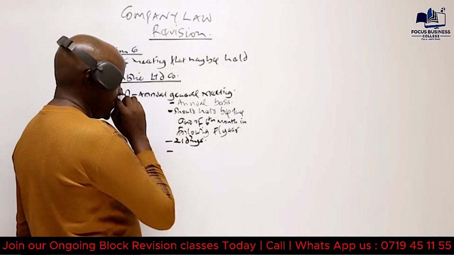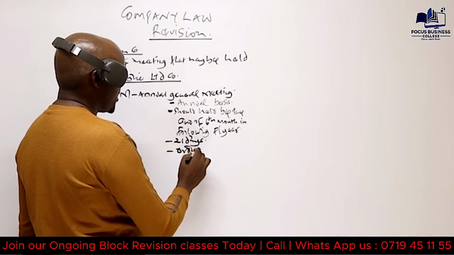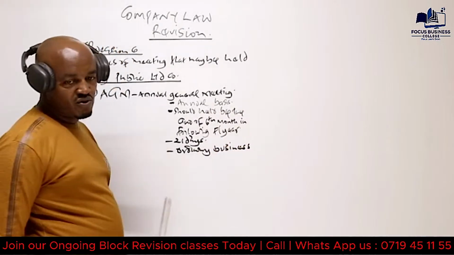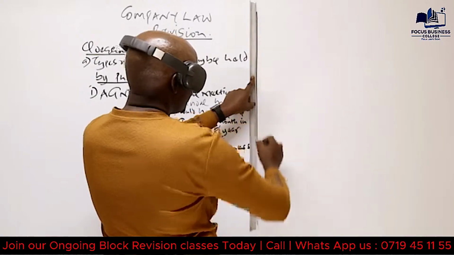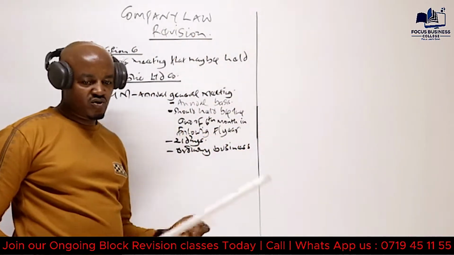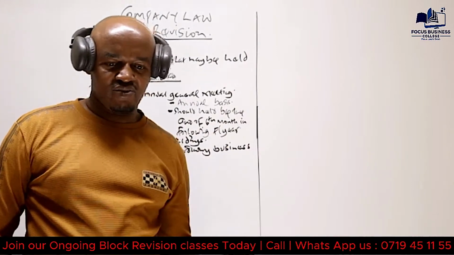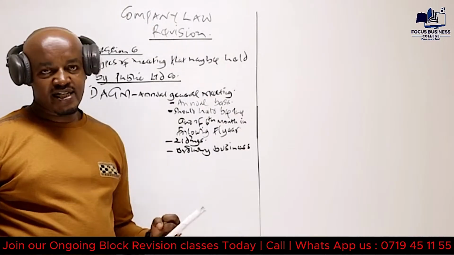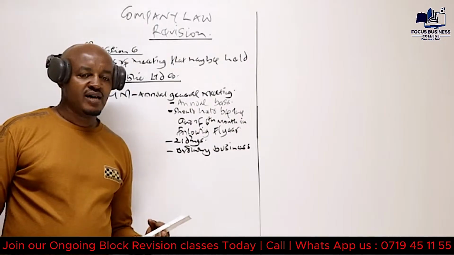On the other hand, we said those businesses which are transacted in this meeting, we refer to them as ordinary business. And I think we were able to look at the various businesses transacted during the AGM. Number 1, appointing the company's auditor. Number 2 is electing the directors. Number 3 is the declaration of payment of dividends.